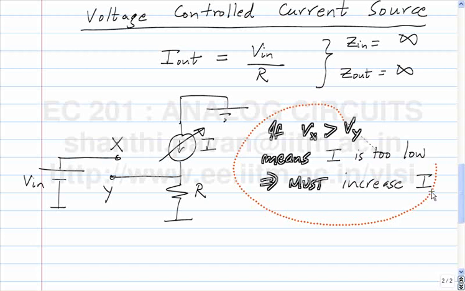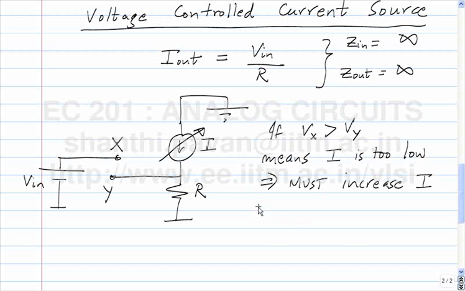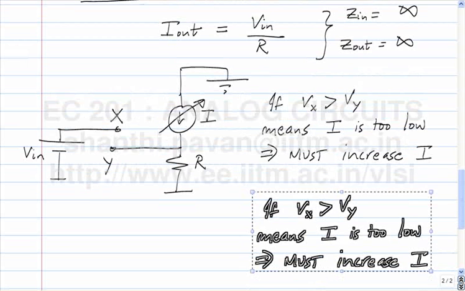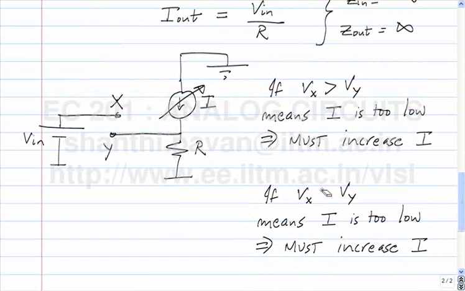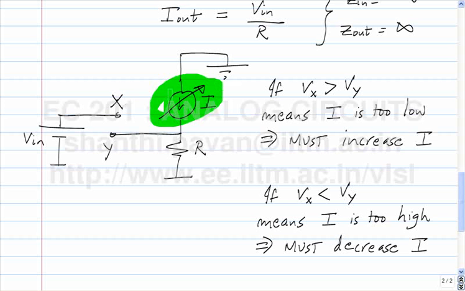Similarly, by the same token, if Vx is smaller than Vy, it means that I is too high, and must therefore decrease I. In other words, the variable current source here must be controlled by the difference between the node potentials at X and Y.